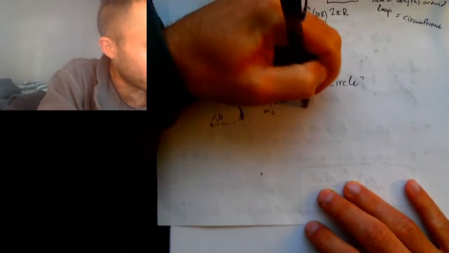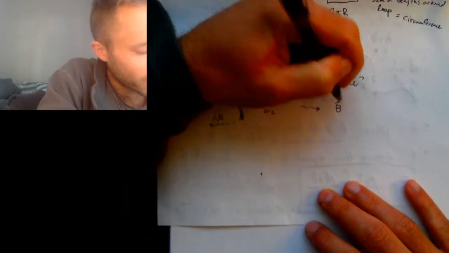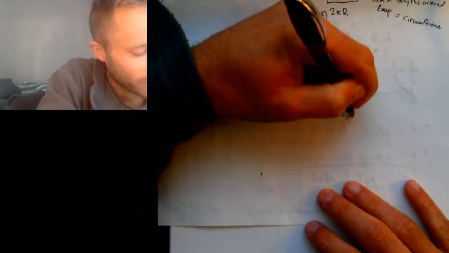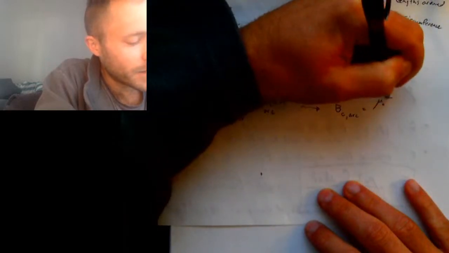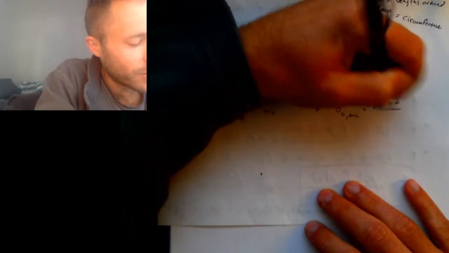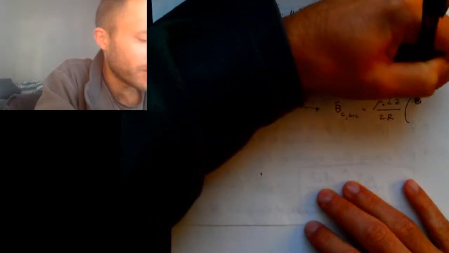And so if you have an arc, the magnetic field at the center is going to be mu naught I times z hat over 2r, but we multiply that by theta over 2 pi.